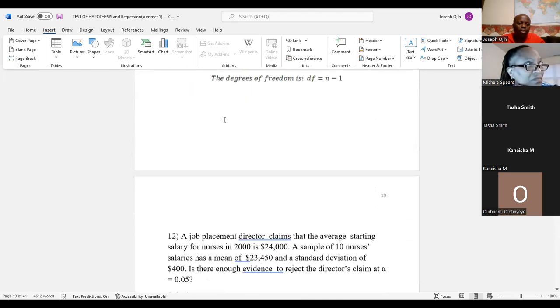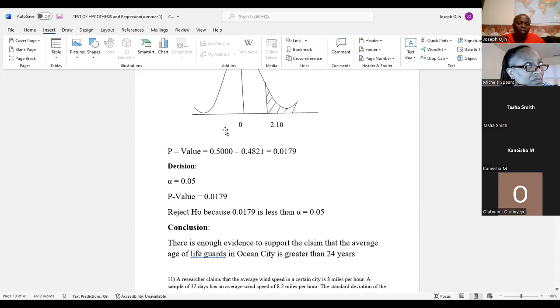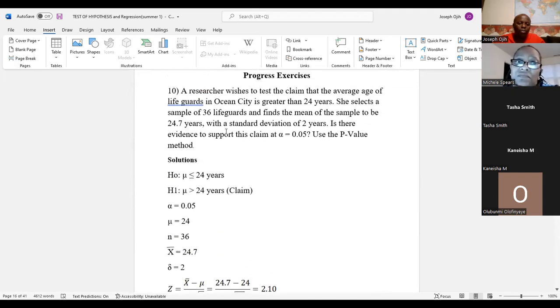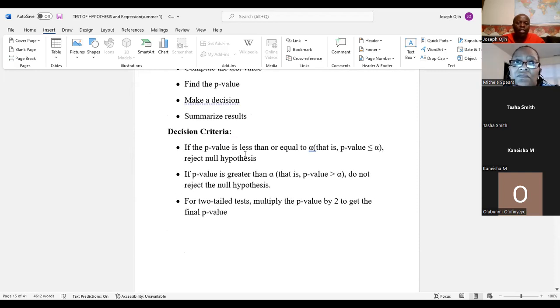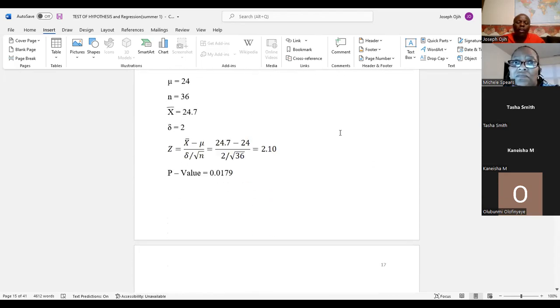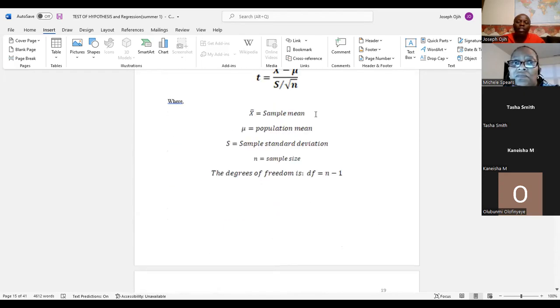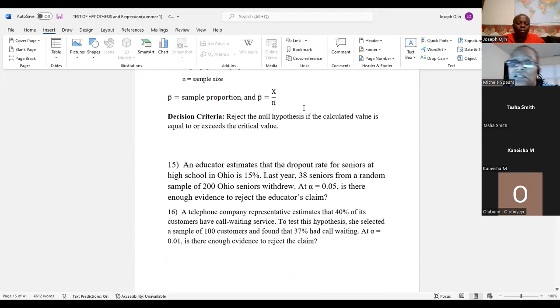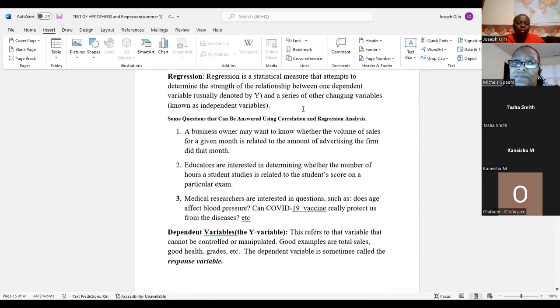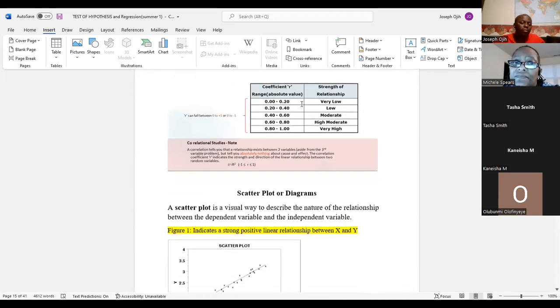For the p-value method, the criteria for rejection is as follows. If the p-value is less than or equal to alpha, reject the null hypothesis. If the p-value is greater than alpha, don't reject. So for our case, our p-value is much less than alpha. Am I right or wrong? Yeah. So we reject the null hypothesis.